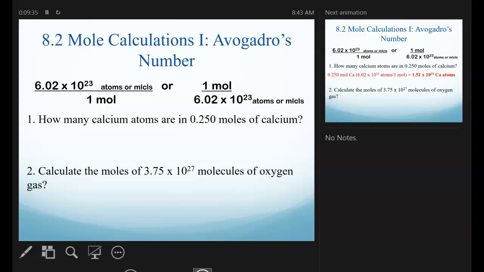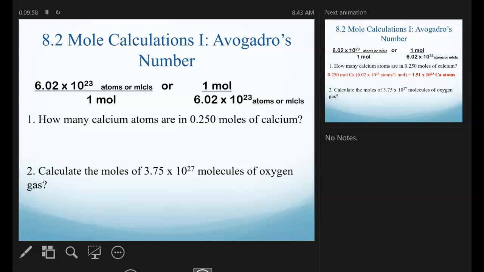Okay. So, go ahead and set up the second one. The second one says what? Calculate the moles. And what does it give me? The molecules. That big number of molecules of oxygen gas. So what do I do now? What is my given now? Number 3.75 times 10 to the 27.